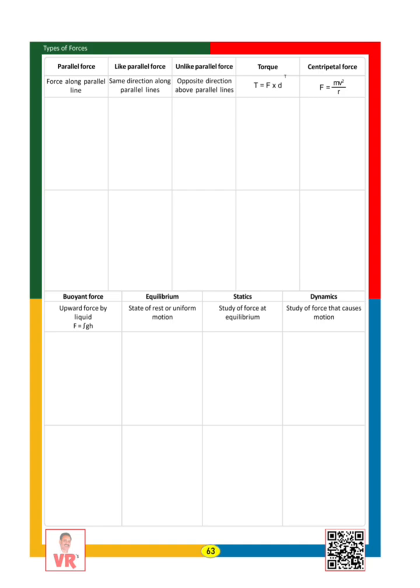Now answer. Forces acting along parallel lines are parallel forces. Torque tau equal to F D perpendicular.